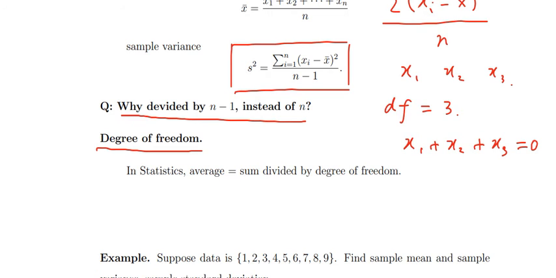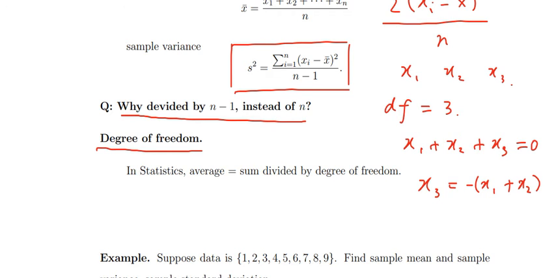We can say x3 equals negative (x1 plus x2). Once we have x1 and x2, x3 has no change at all. So the degree of freedom for x3 is 0.